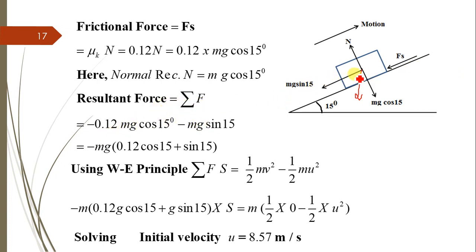The second force is mg sin 15, which is minus mg into sin 15. Solving this, taking minus mg as common, we get 0.12 cos 15 plus sin 15.